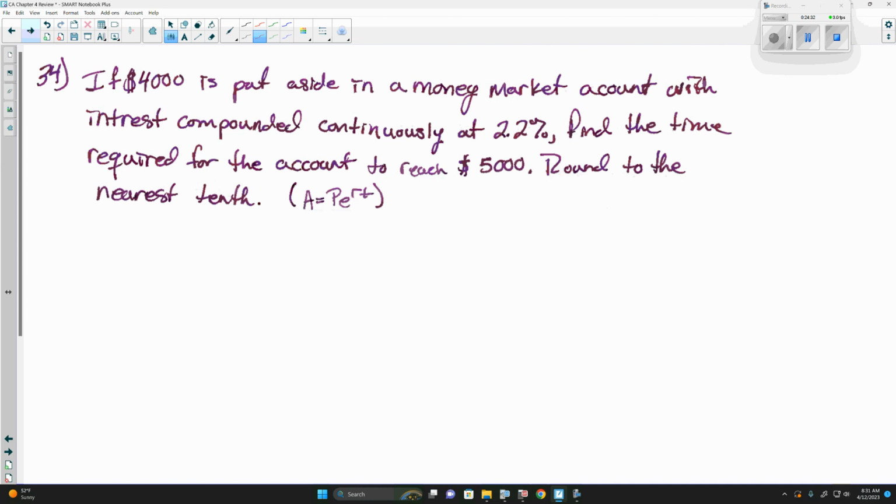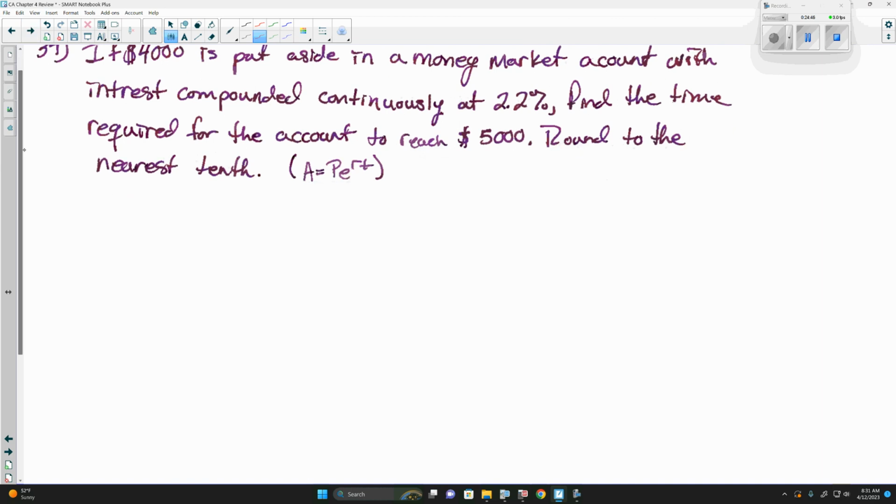If $4,000 is put aside in a money market account with interest compounding continuously at 2.2%, find the time required for the account to reach $5,000, rounded to the nearest tenth. So really the amount is equal to 4,000 e.